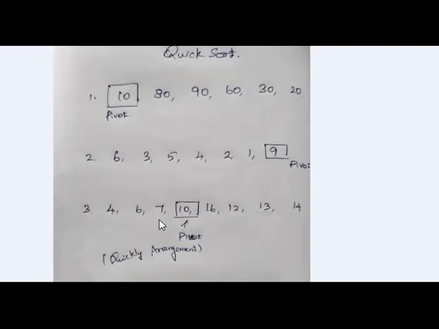So we can easily choose the pivot in the middle and sort the elements. In quicksort we can choose the pivot in any way: the left side, the right side, or the middle value.